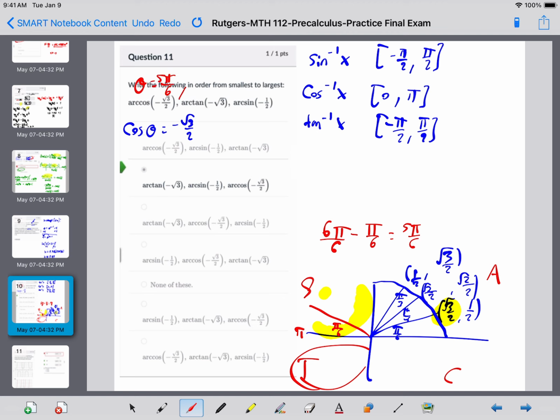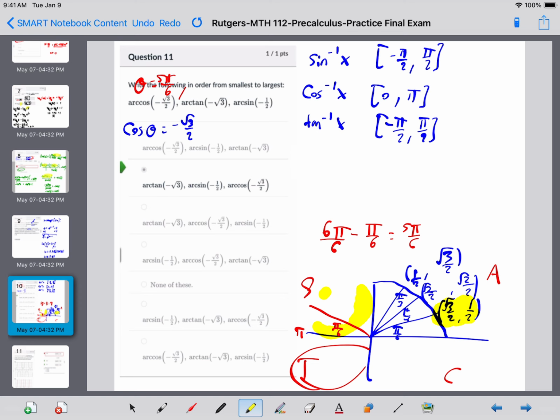Next, arctangent. For arctangent, we know that it would be negative radical 3. Tangent is radical 3 at 60 degrees. If you don't memorize your tangents, you could always just do sine over cosine.